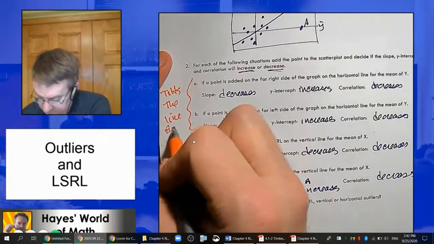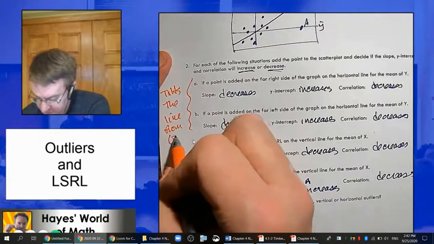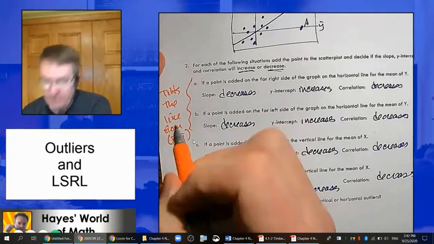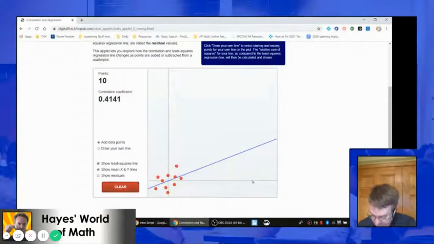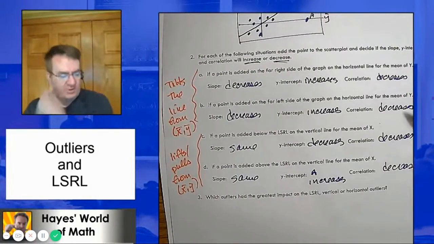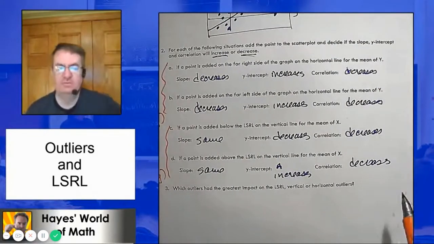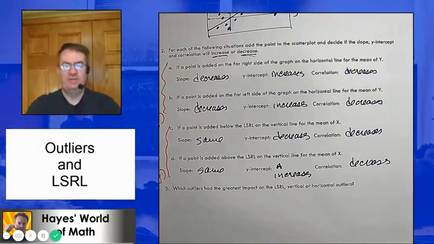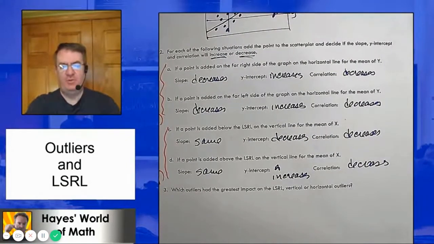So it tilts the line. Mr. Hayes, switch the camera back. There you go. Good job. All right, so the first one tilts the line from the X mean, Y mean point.